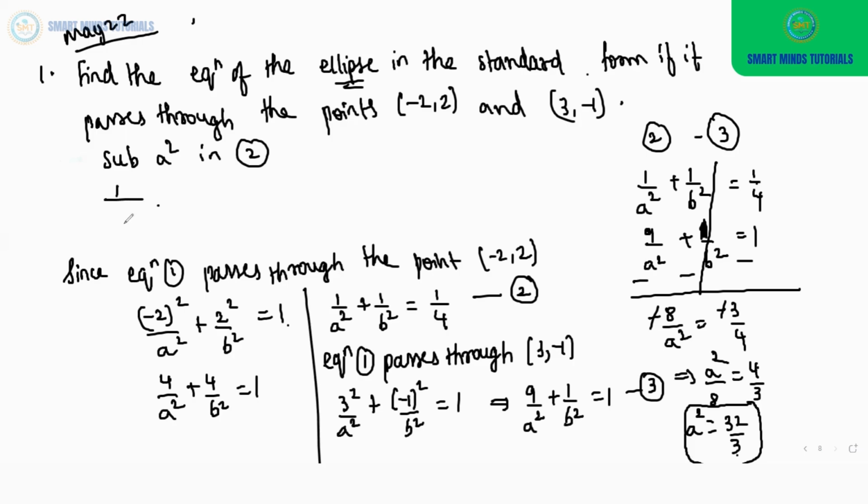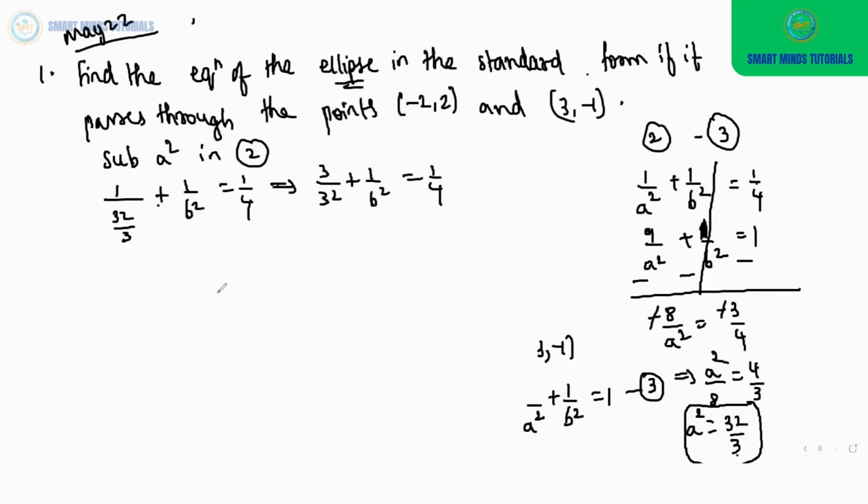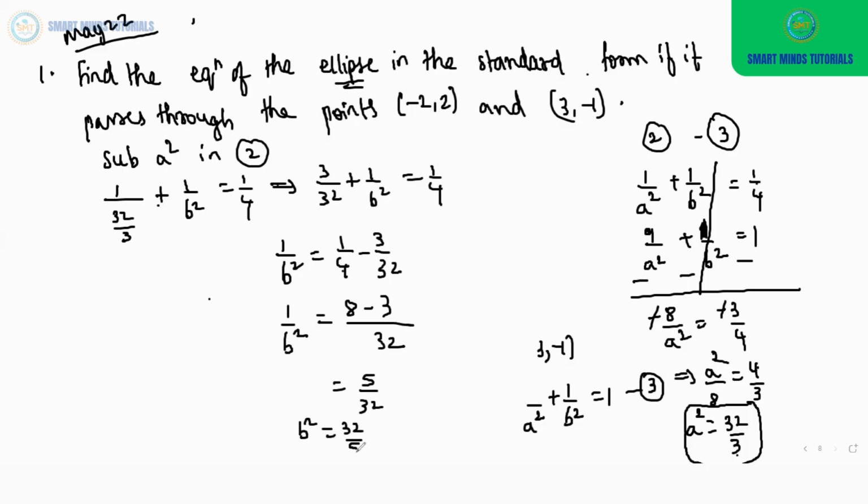So 1 by a square is 3 by 32, plus 1 by b square is equal to 1 by 4. 1 by b square is equal to 1 by 4 minus 3 by 32. LCM is 32. 4 8s are 32, so 1 by 4 is 8 by 32. So 1 by b square is 5 by 32. So b square is 32 by 5.